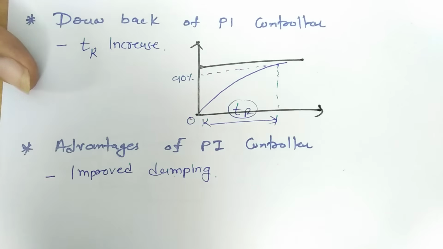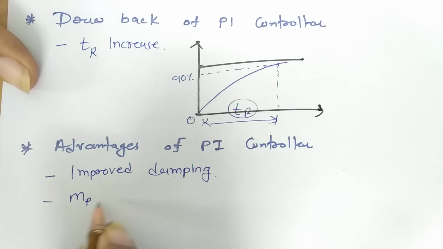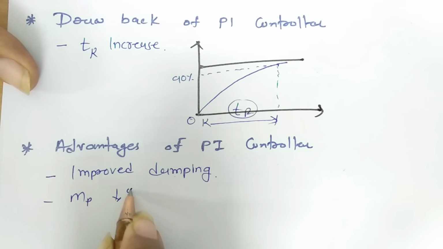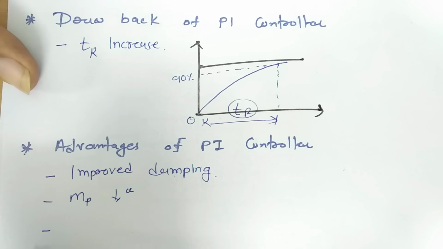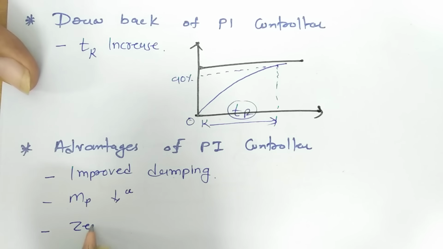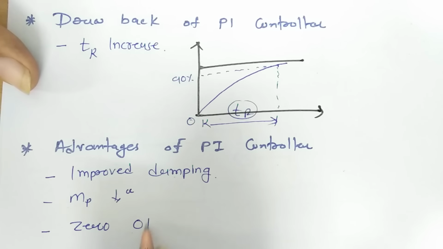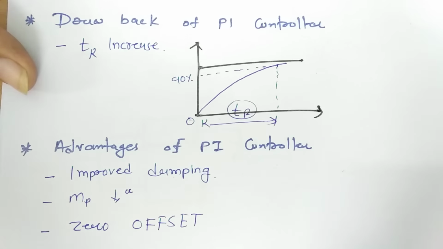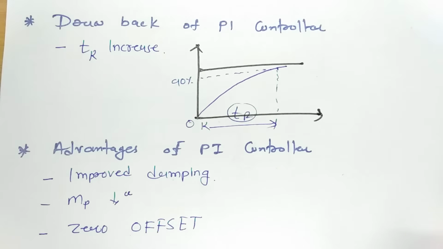Second is maximum peak overshoot, that will decrease. And third major advantage is zero offset. So these are the basic advantages due to PI controller.